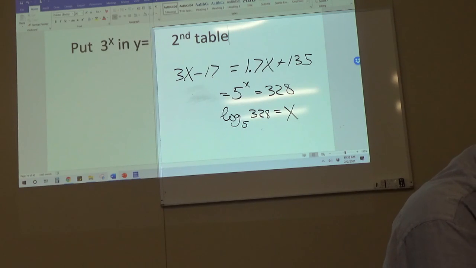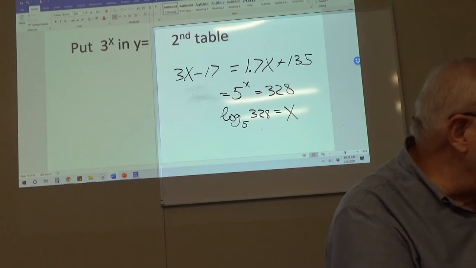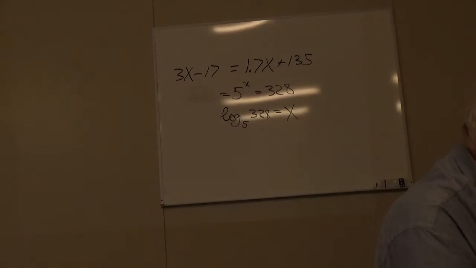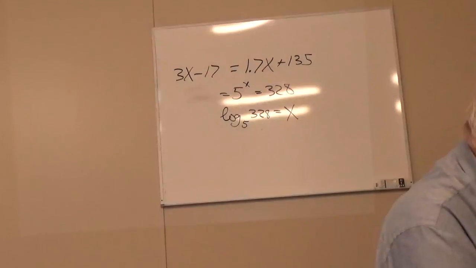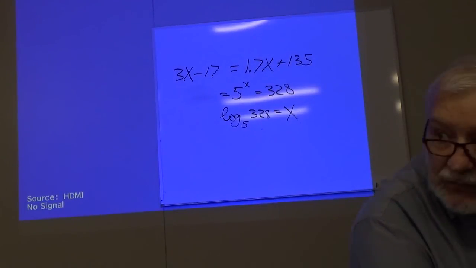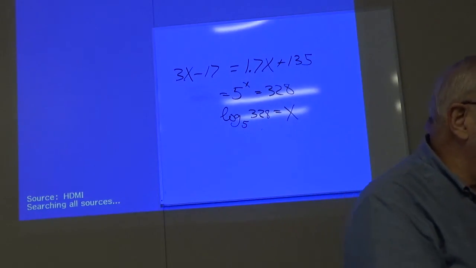Okay, 9B. That's base change already. Log 81 divided by log 3. All right, and then C. C is the longest one because when you change it back to an exponent, you're going to have p to the 3rd equals 343, and then you have to take the cube root of 343 to get p by itself.